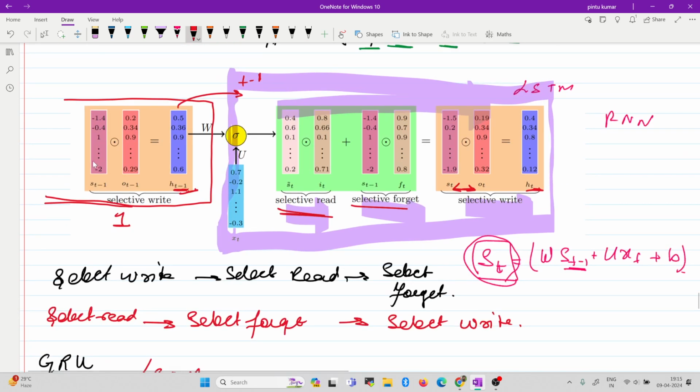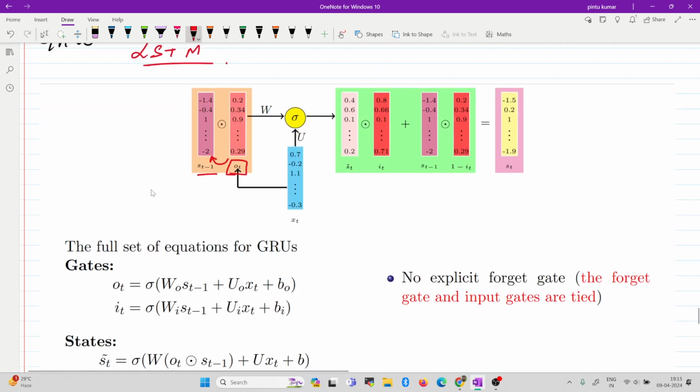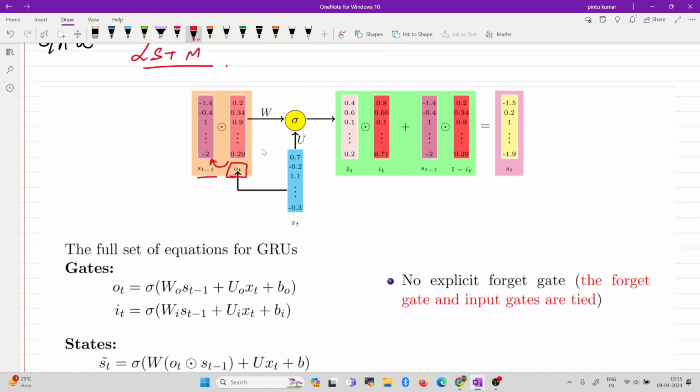If you look at LSTM, O of t minus 1 used to act on this. Now you will learn this O of t in your current step that would act on S of t minus 1. This is one difference. And till the output you will only leave till S of t. In the next step, you will learn O of t plus 1 that will do this kind of computation.